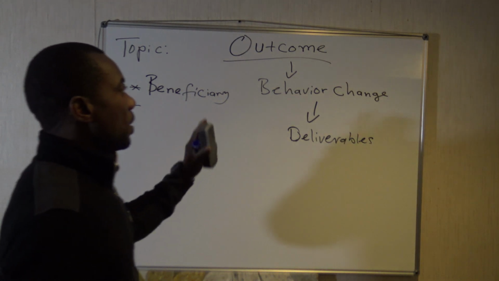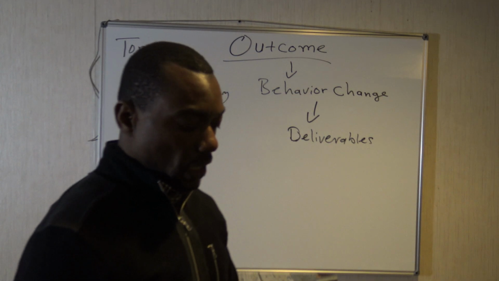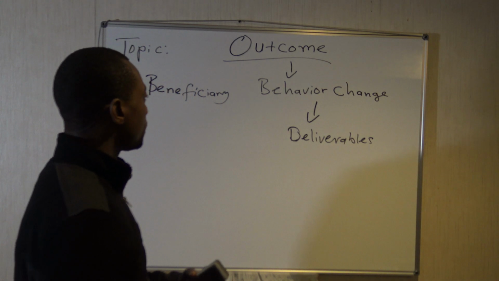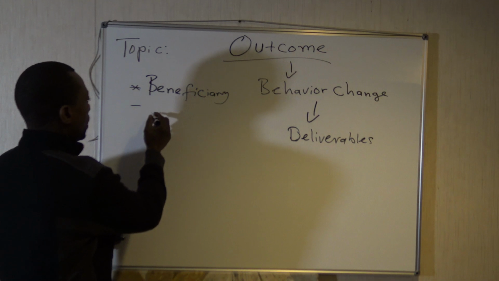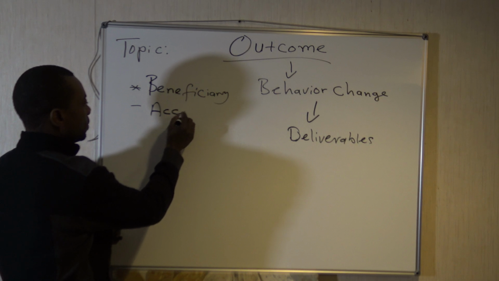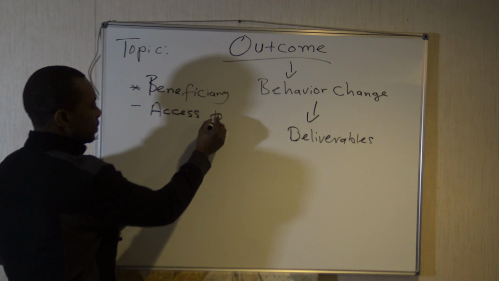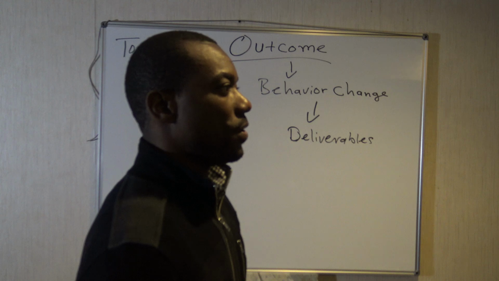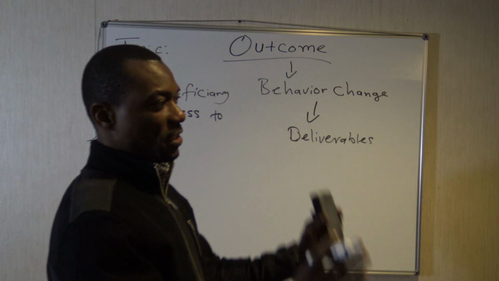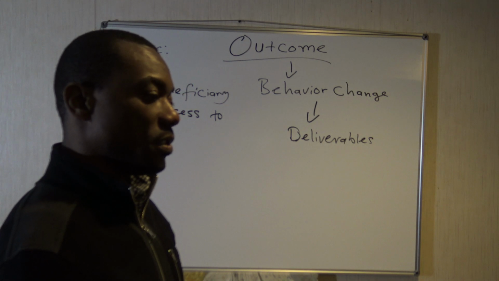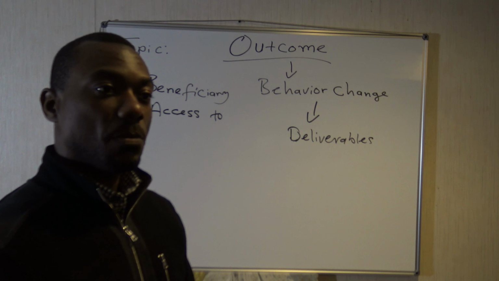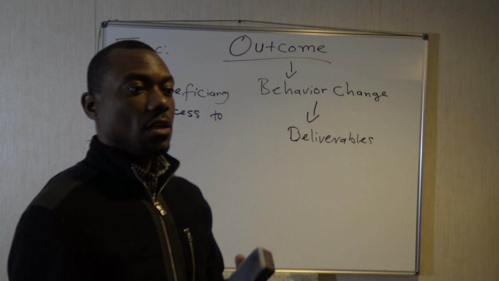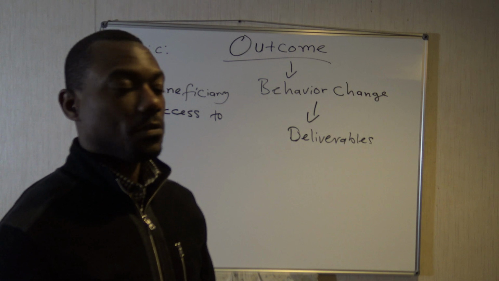Now outcome comes with what I just said. It comes with access to your deliverables. Before you change behavior, you have this project design and the activities, and your deliverables, the services and products you're willing to offer the community that will change the life of the community members.